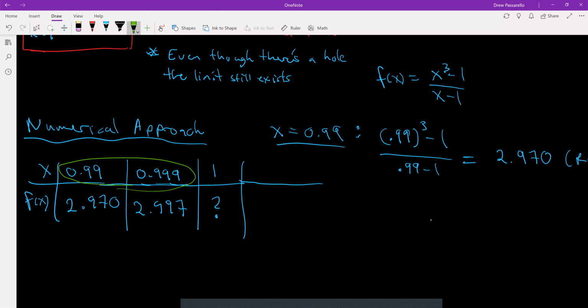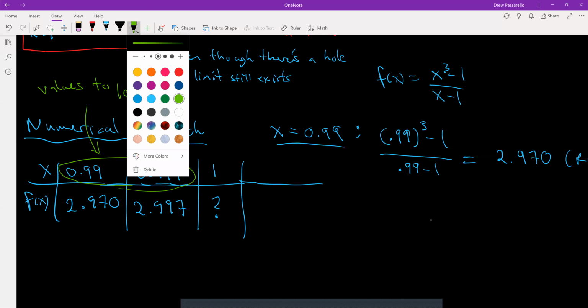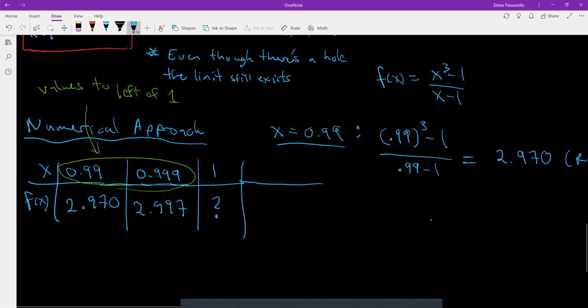So I might want to pick some values that are to the right of 1. And let's say I picked 1.001. So that's some value really close to 1 from the right side. You'll get this to be 3.003.